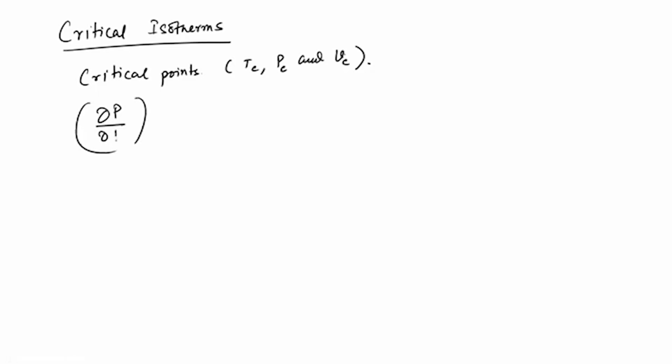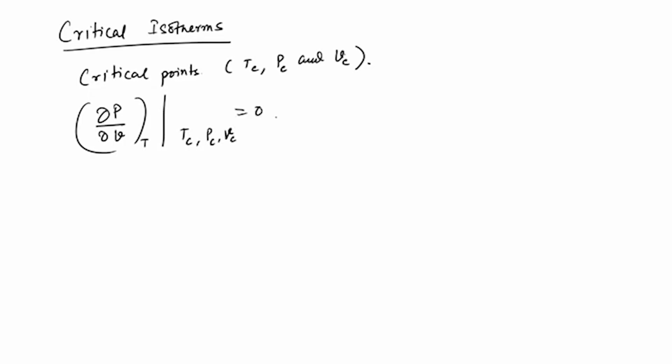The critical point is predicted by this equation of state, and so they are at some Tc, Pc and Vc, which can be found by taking del P del V at a given T, and at Tc, Pc and Vc to be equal to 0.